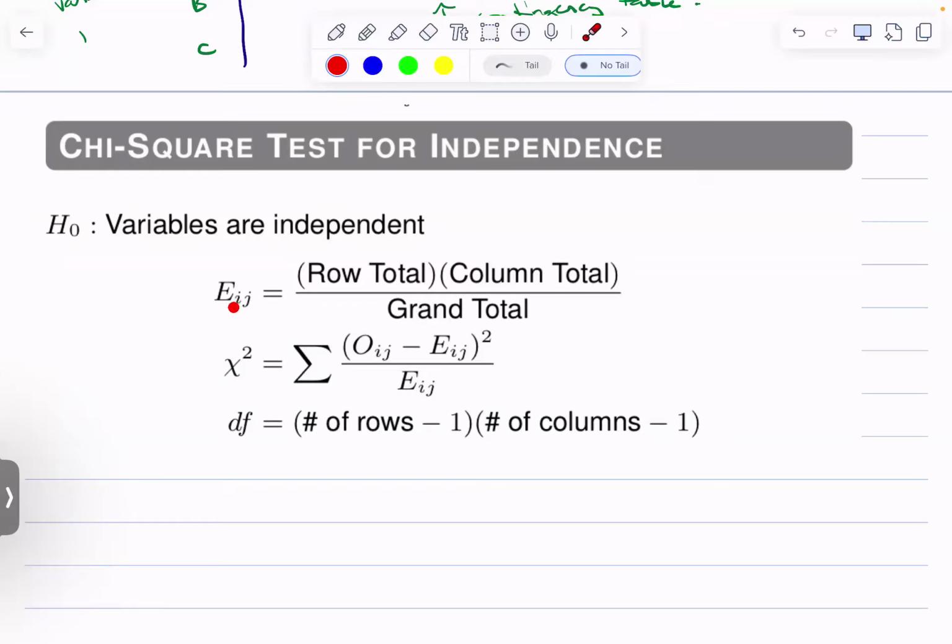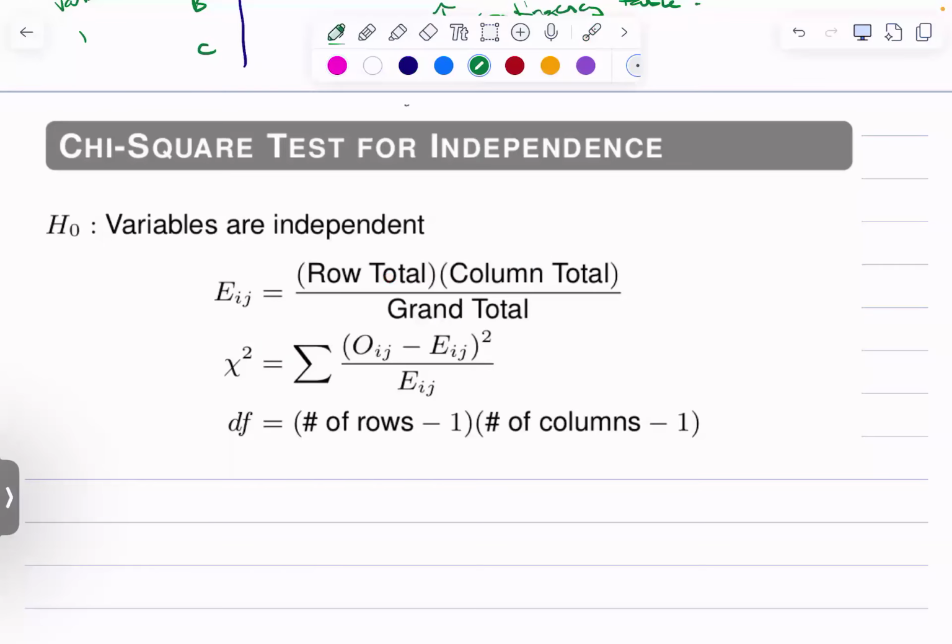Remember how we needed our expected counts? For the goodness of fit test, it depends on what distribution you were expecting to see. Sometimes we expect an even distribution. Sometimes we expect different proportions in each category. And so now for a contingency table, how we calculate our expected values, or our expected counts, is we take the row total times the column total divided by the grand total.